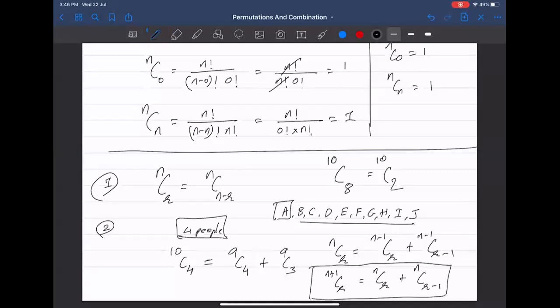Use it however you like, it depends what your n is. So this is called Pascal's identity.